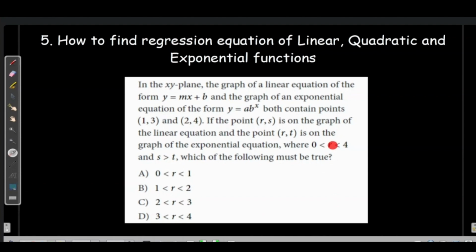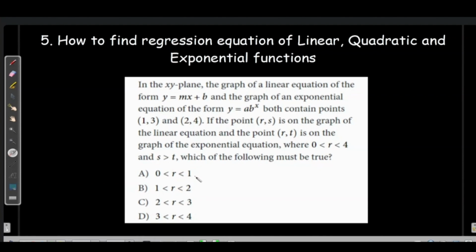They are saying that if the x coordinate is between 0 and 4, and if the y value that the linear function is returning, which is s, is greater than the y value that the exponential function is returning, which is t, then which of the following is actually true, as in with respect to the x values?